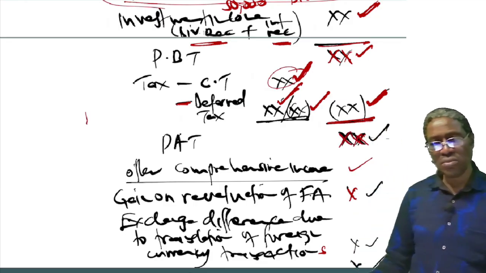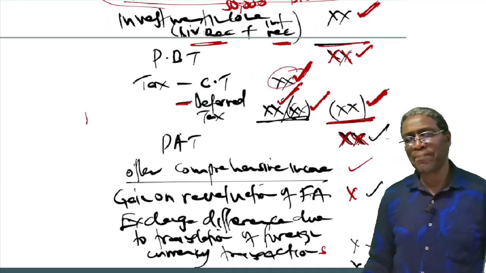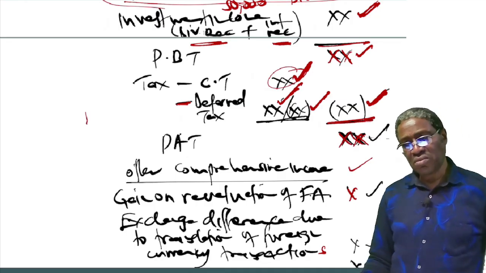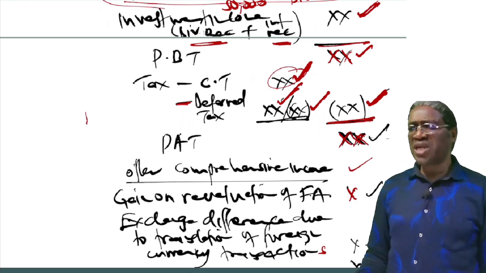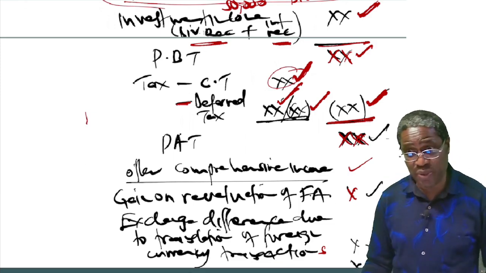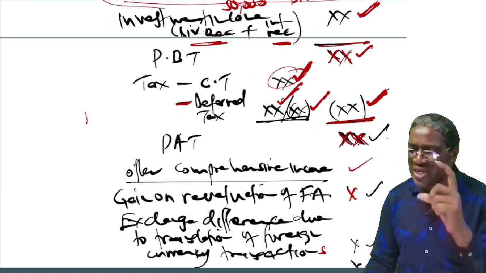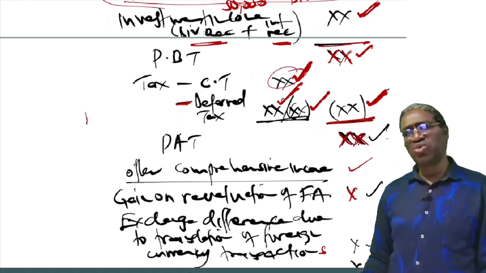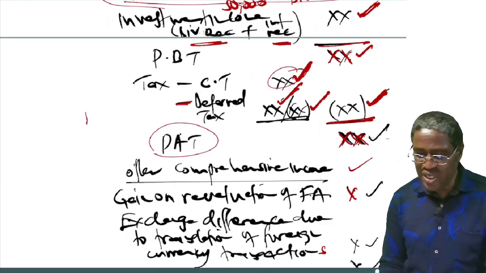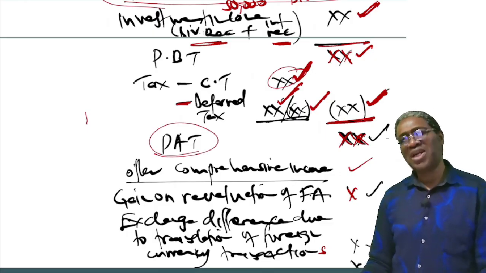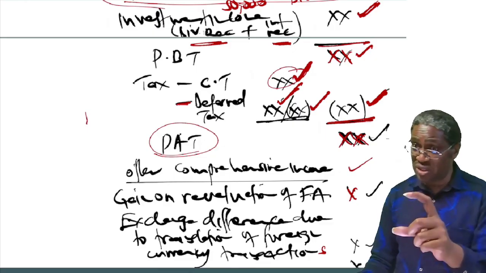Listen, just to remind you, we said when it comes to income statement for publication purposes, you don't do the appropriations. We said you don't do the appropriations of this profit in the income statement like you used to do in financial accounting.